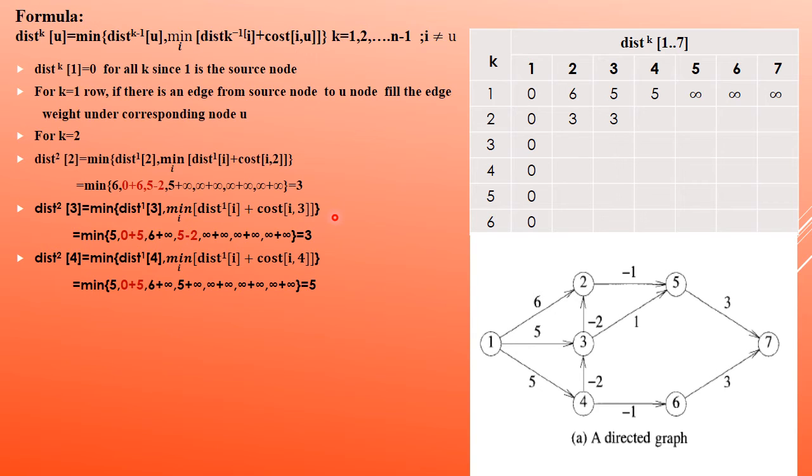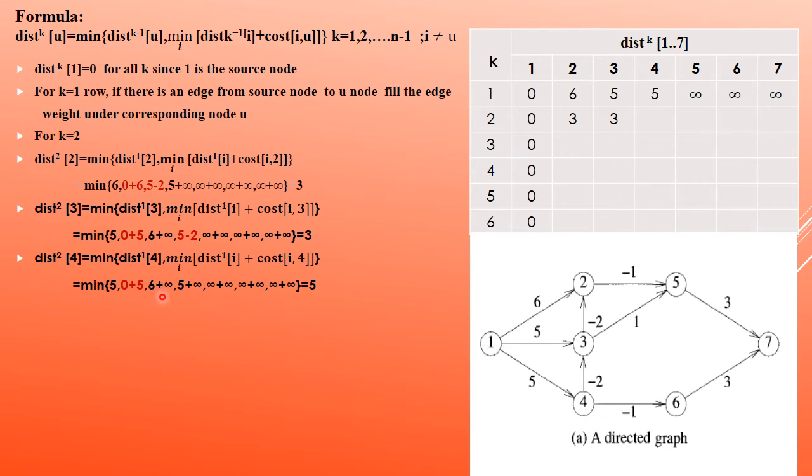Similarly, I am going to find distance 2 of 4, as distance 2 of 3 has been entered in the table. The previous distance of 4 is 5, so I wrote that here. Node 4 has only one incoming edge. From where? From 1.